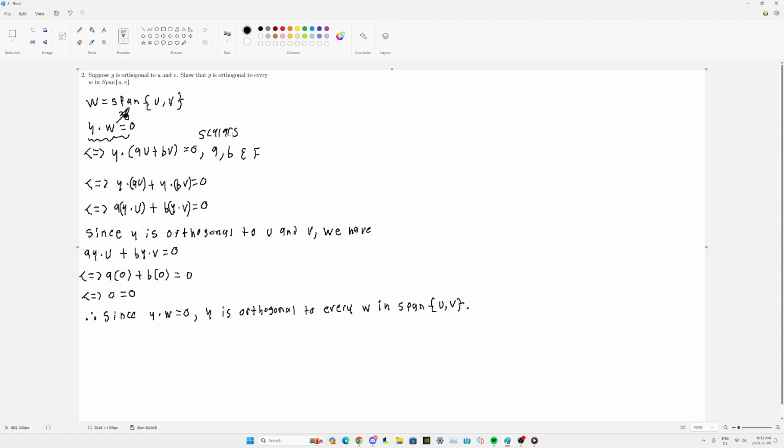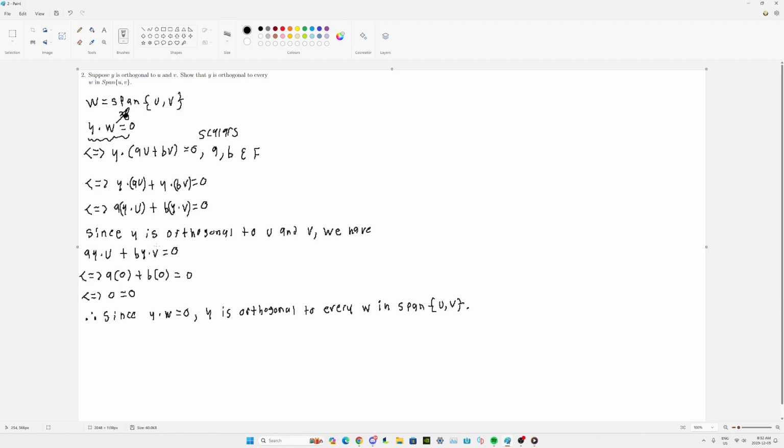Which is also going to imply that we're going to have y dot au plus y dot bv from the distribution, right? Which is also going to imply that we have a y dot u plus b y dot v, right? That's just commutativity. We can take the scalars out.